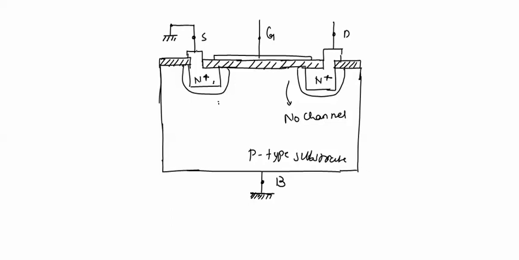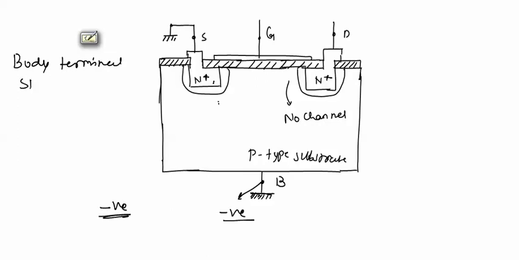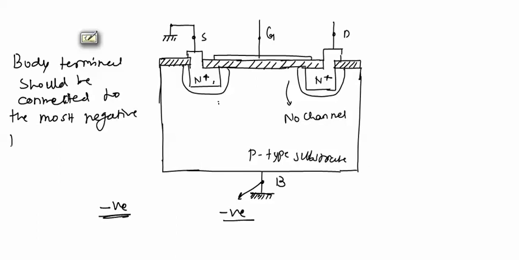And if we have some negative potential with us, then connect this body terminal with the negative. So I will say that the body terminal should be connected to the most negative potential available.